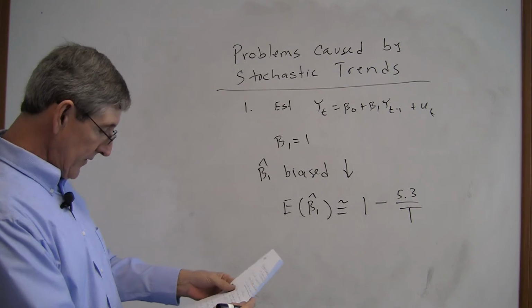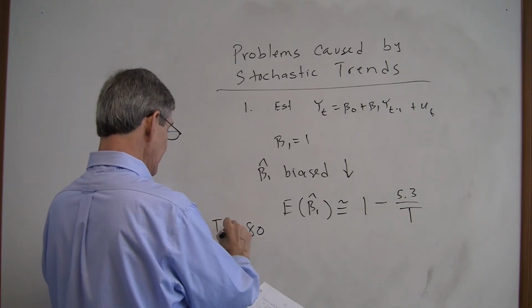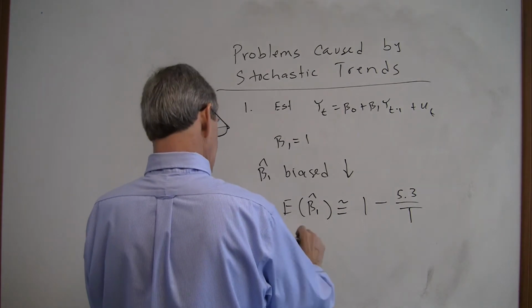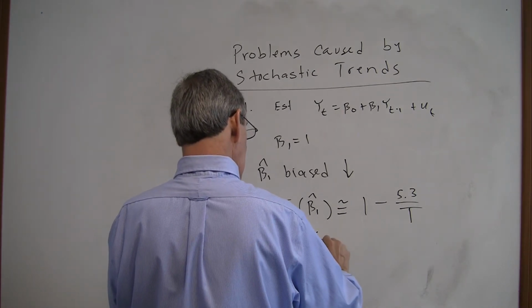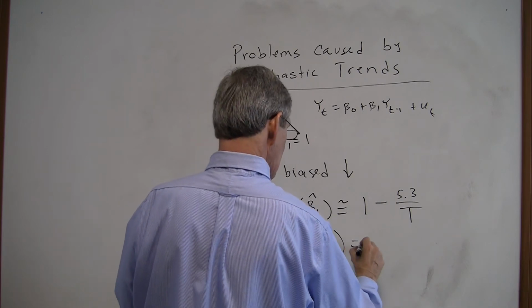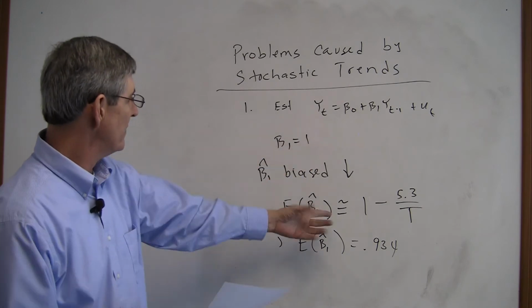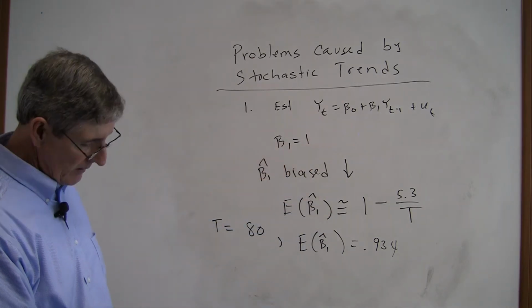So for instance, if you have 80 observations, if t equals 80, the expected value of beta 1 hat turns out to be 0.934. So you're way off compared to the true value of beta 1 equals 1.